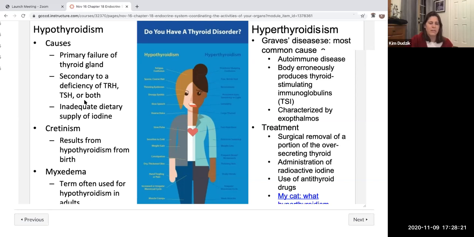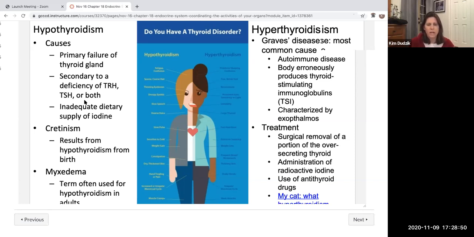All right. Again, with secondary hyposecretion, your gland is normal, the thyroid gland is normal, but too little hormone is secreted due to deficiency of the tropic hormones. Right. So the symptoms are usually a reduced metabolic rate, and you can get on Canvas, blow up the slide, and see the symptoms there in the middle panel.